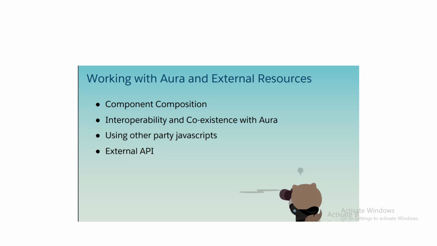With it, we can create a metadata file for the Lightning Message Service, and that can be used for communicating our data from one Lightning Web Component to Aura component, not only between LWC and Aura, but we can also use Visualforce pages for this interoperability and coexistence. That is for data transfer between all the three systems, that is Visualforce pages, Lightning Web Components, and Aura components. We can use the Lightning Message Service.